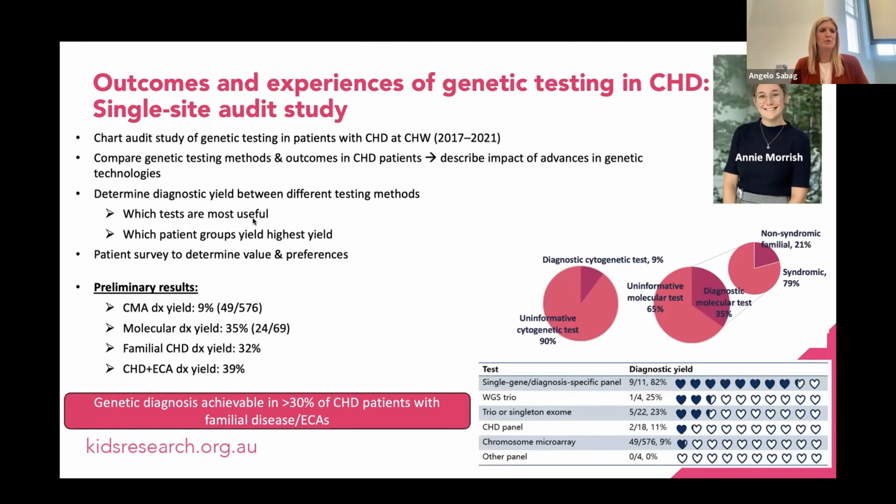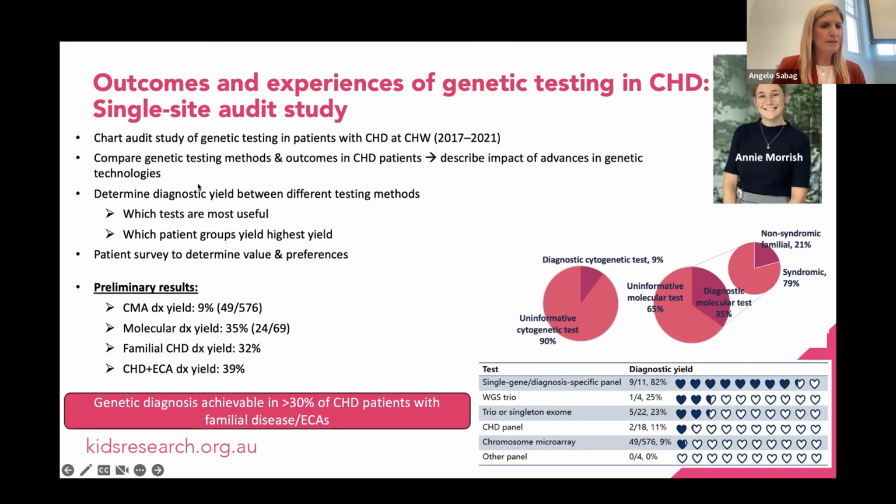Another study I thought I'd quickly touch on is more clinical in focus. Annie Morrish is doing an audit study looking at all the genetic testing that we've done over a 5-year period, trying to understand which tests are most useful for our patients and which patient groups have the highest yield. We're also including a survey to get an idea of the value of this to patients and their families, and whether they have any preferences in how we continue to improve our clinic and the service we're providing.